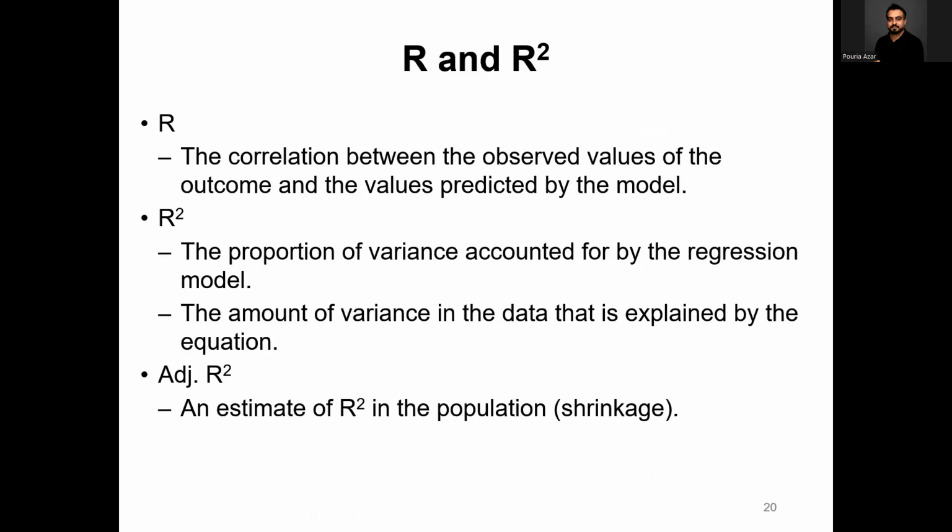Remember that the definition of R squared is related to proportion, but when we report R squared, we will report it in percentages, and we will see that. And we have adjusted R squared, which is an estimate of R squared in the population.